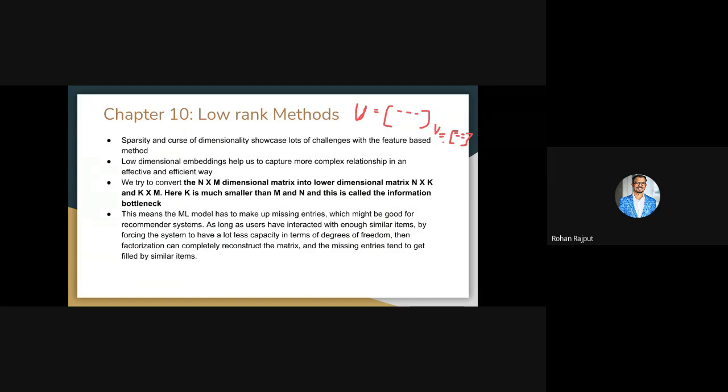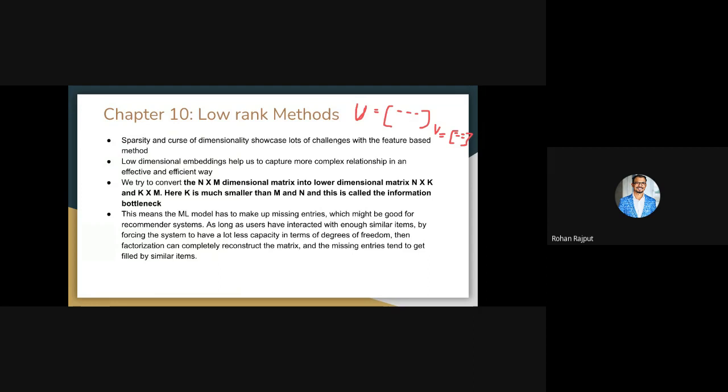What we used to do earlier was take all the user features and all the item features, and use several techniques to generate recommendations. One of the popular techniques was to generate some kind of feature encoding, and that encoding helps us find similar features.